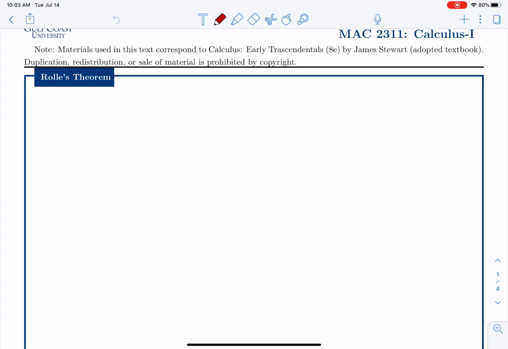Here is an important theorem called Rolle's theorem, but before I get into Rolle's theorem, one has to know the difference between continuity and differentiability.